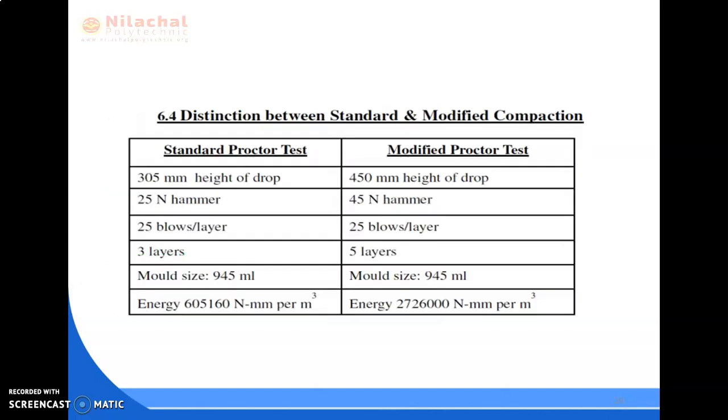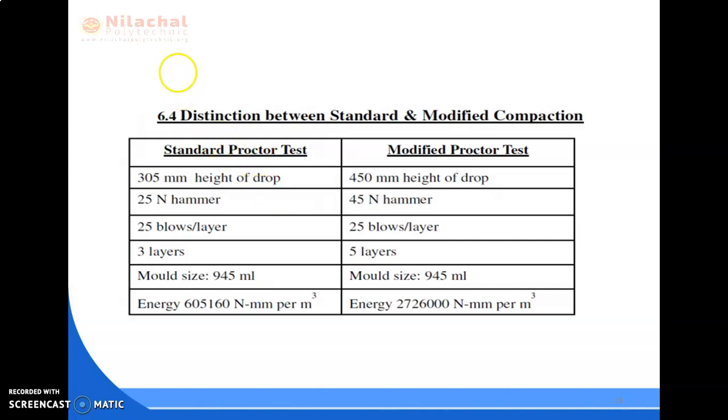Next, this is a major thing you have to remember, or you can explain if you know all the data: the difference between the standard and modified compaction test. These are the basic differences which you have to keep in mind, and according to this you have to use the apparatus to complete the modified Proctor test.